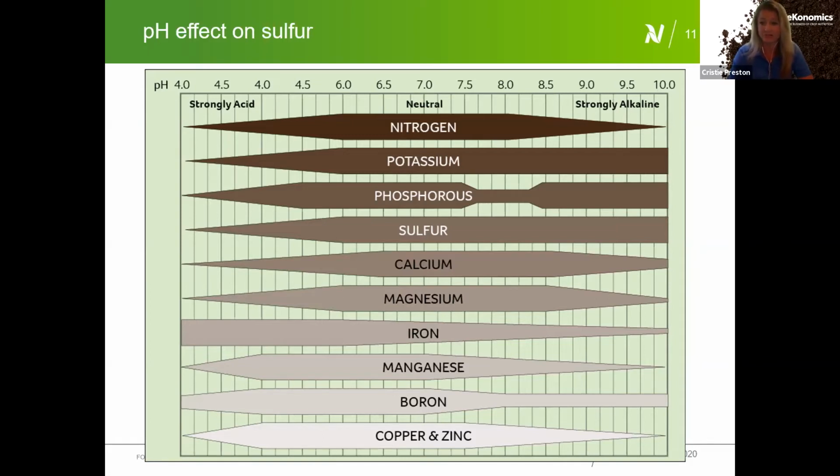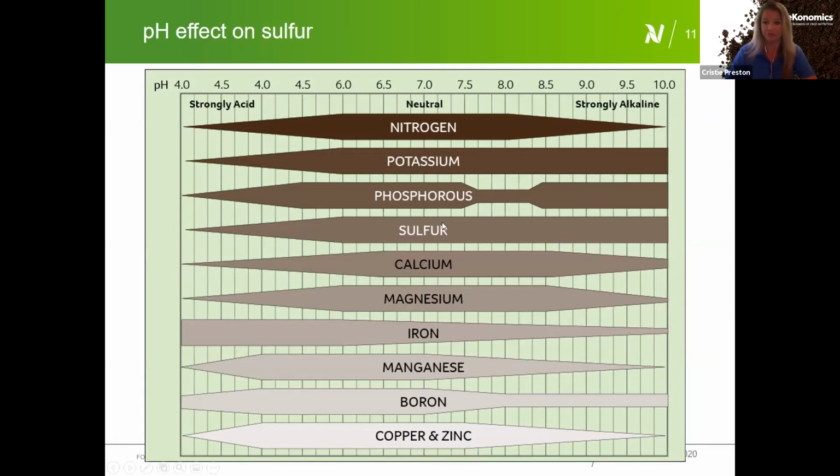Sulfur is unique in that, okay, so say below a pH of 6, your availability is going to be decreased. Otherwise it's relatively consistent, but a lot of these other nutrients, if your pH is not somewhere between 6, 6.5 to 7, you could potentially be showing nutrient deficiencies.